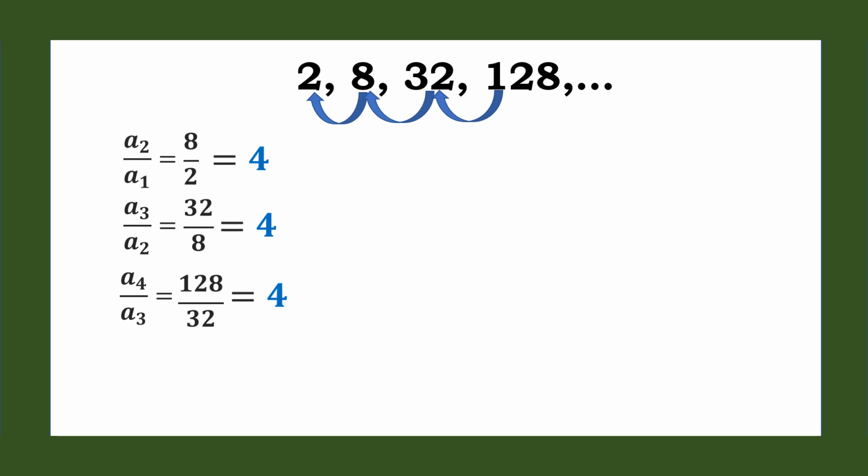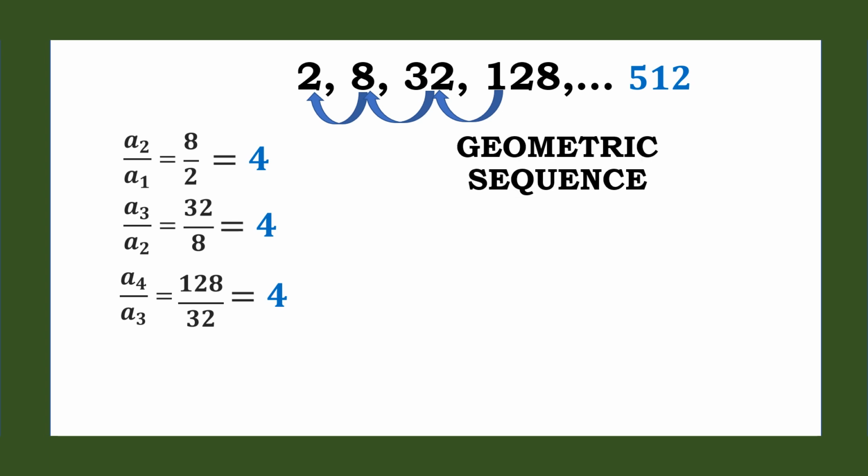Now, to obtain the next term, we simply multiply by 4, which is common to all succeeding terms. So we need to multiply 4 to 128. So the next term will be 512. So this type of sequence is called a geometric sequence.